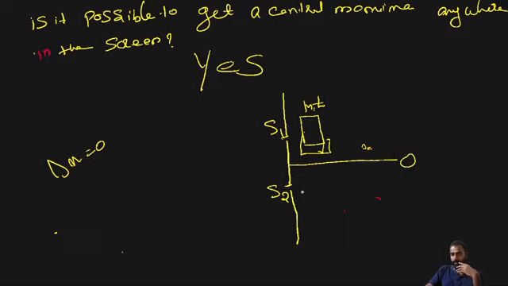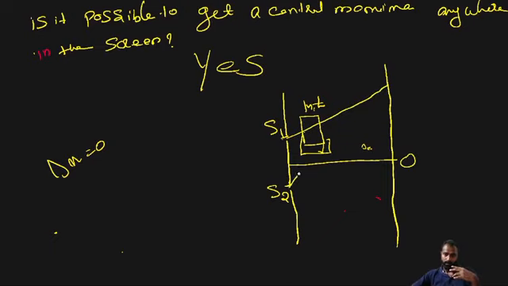I want this S2 ray to travel somewhat more distance. So I am considering a point above the O point. This is my new observation point O dash.